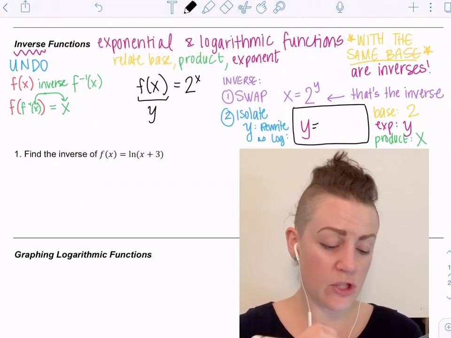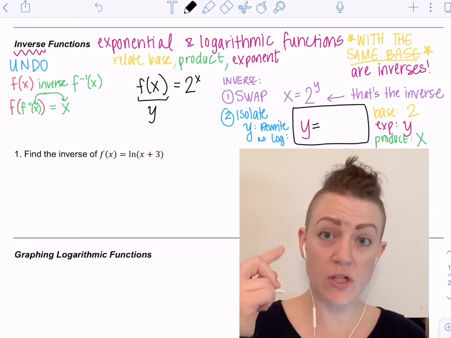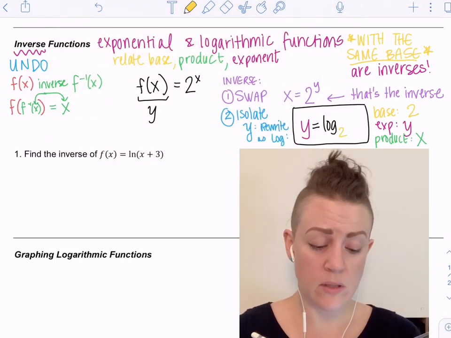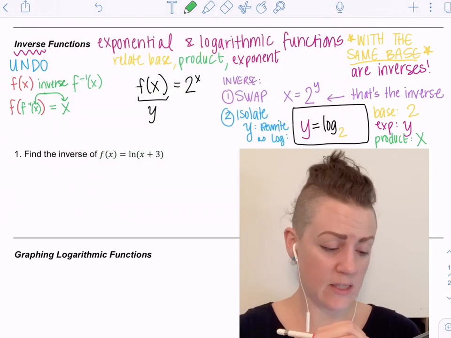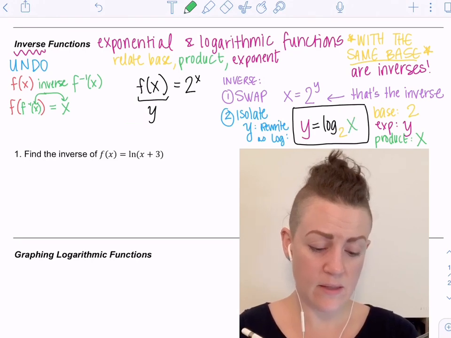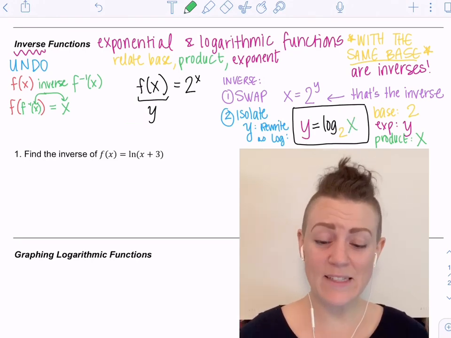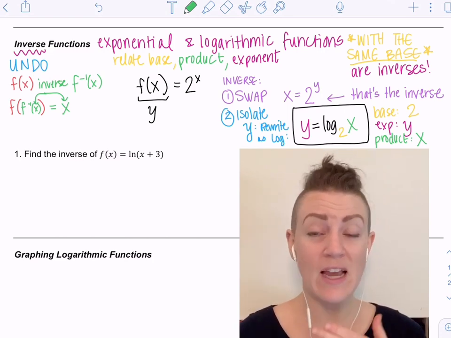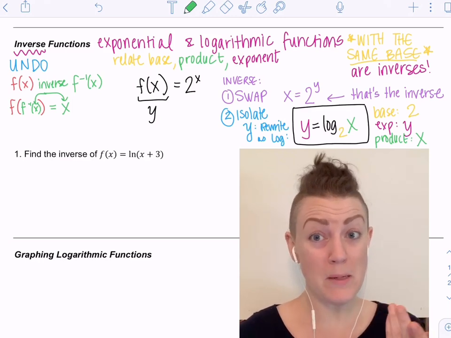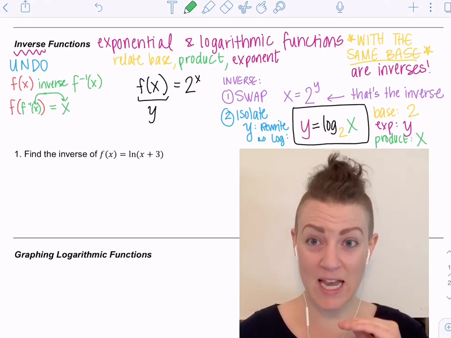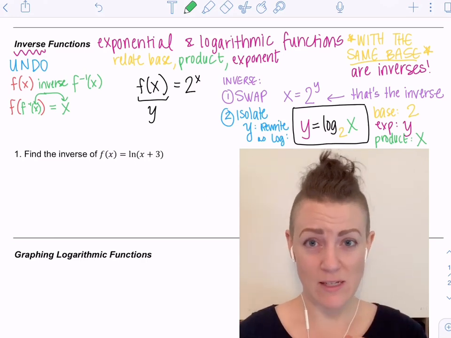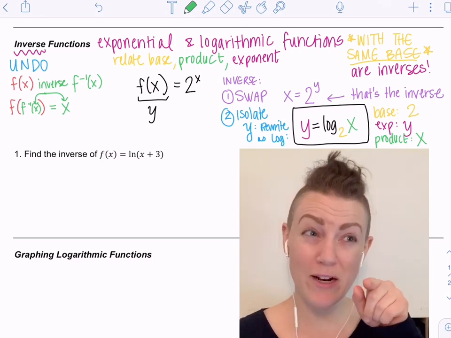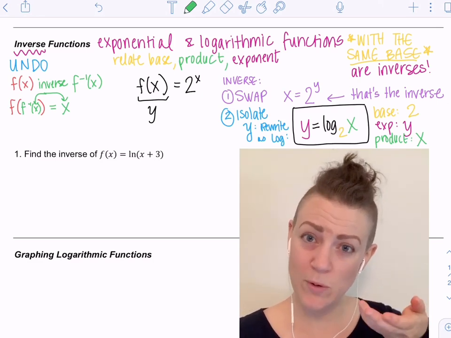And that is equal to the logarithm with a base of 2 of our product x. And that's it. Again, it's the exact same relationship as what we have right above it in purple. The difference here is that instead of having x, the product, isolated, our input, now we have y, the exponent, our output, isolated. So you can see here that in a logarithmic function, you put in a product and you get out the exponent that got you there.